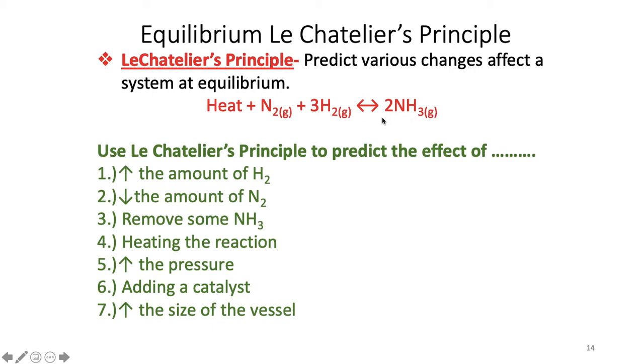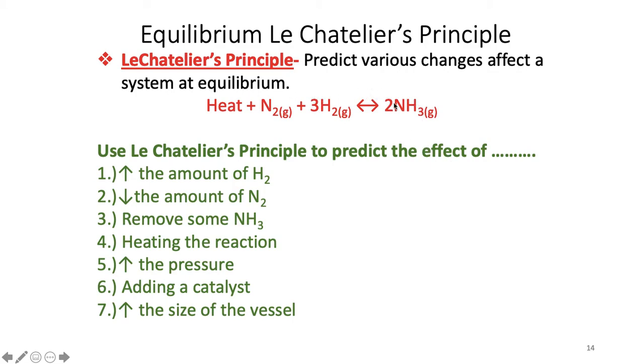The equilibrium is going to shift towards the reactants, making more reactants, which means it's going to shift towards the left. What happens if I remove some NH3? If I take away NH3, the reaction is going to shift in a direction to make more NH3, because once again, it contradicts the change. The only way it's going to make more is if it shifts towards the product, towards the right.